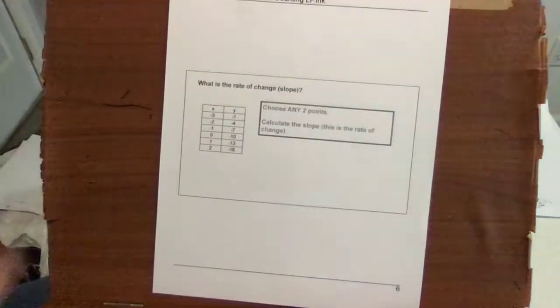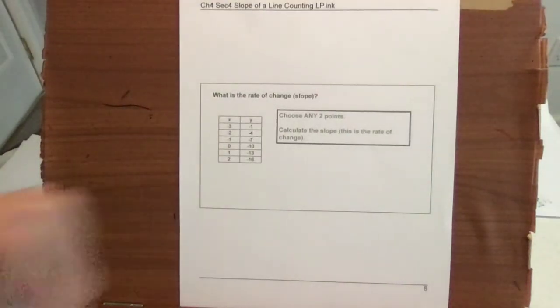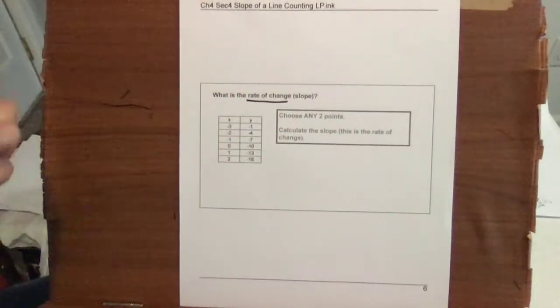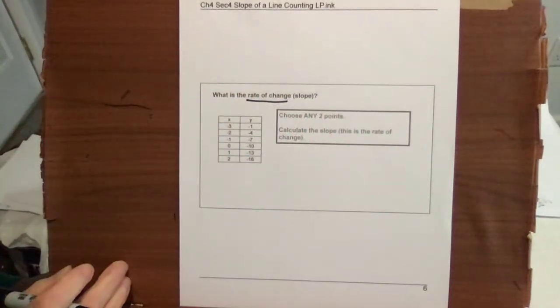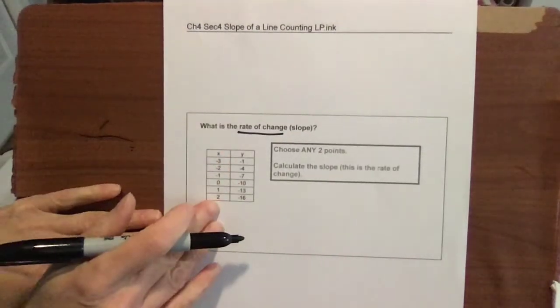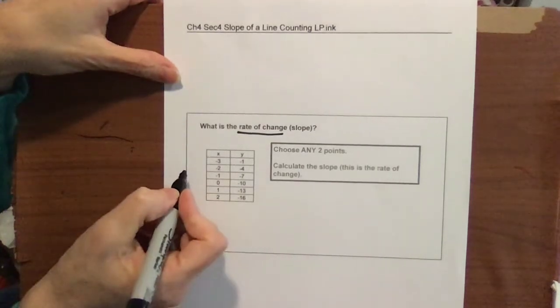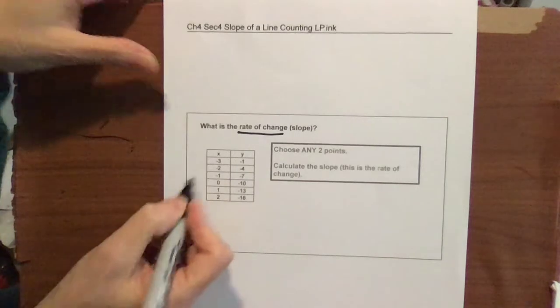All right, then we get into rate of change. Rate of change is just another name for slope, and that comes more into a word problem. So if I want to know the rate of change, the word slope will not appear in a word problem for something like this. All we have to do is look at the table, and we have to just find out what the difference is as we go from x to y in each step.